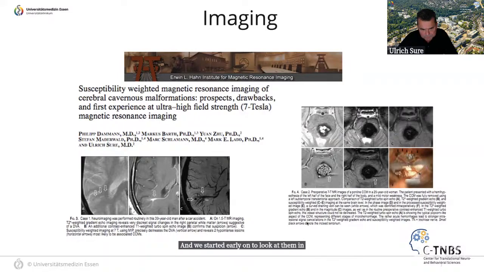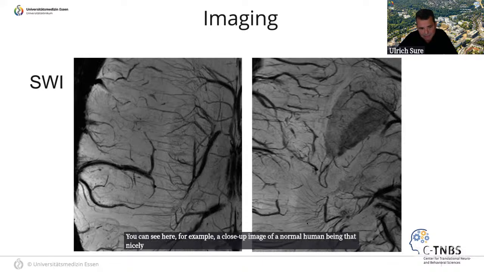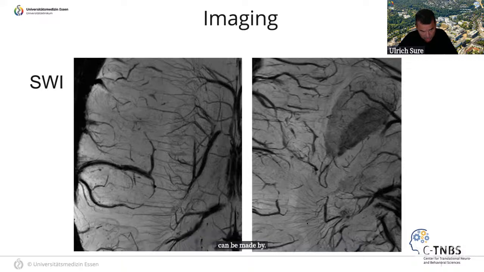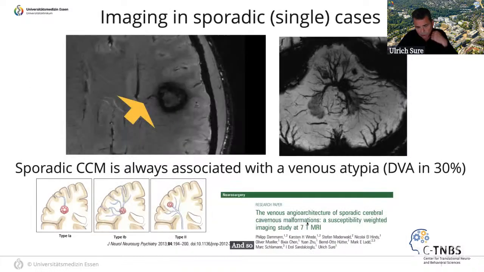And you can see here, for example, a close-up image of a normal human being that nicely shows how exactly particular venous images can be made by, for example, SWI imaging. And so we use this technology, the 7 Tesla technology, to clear some things that I think are important.